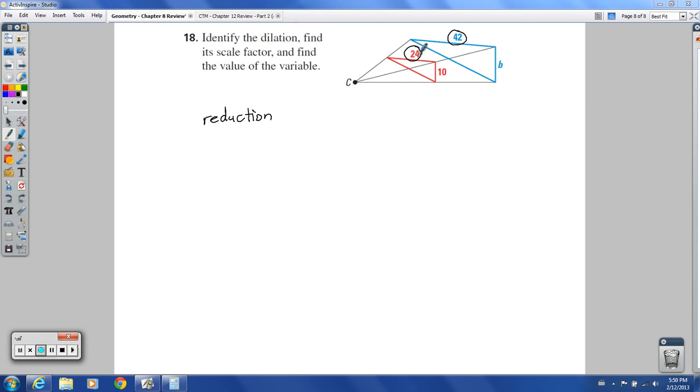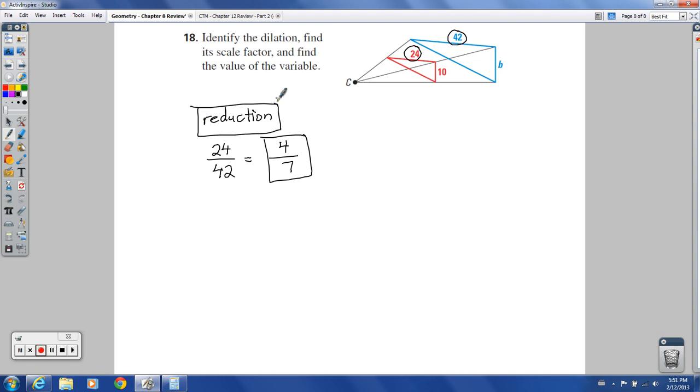The image part, where you're mapping it to, goes on the top. So this becomes 24 over 42, which you can reduce. You can divide by 6, it looks like. You have 4 over 7, not 6. So 6 goes into 24 4 whole times, and into 42 7 whole times. So it's a reduction. The scale factor is 4/7.